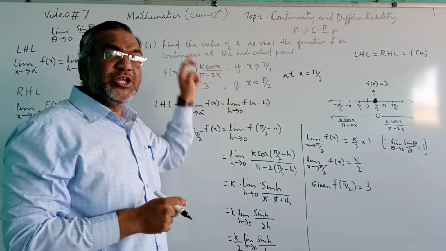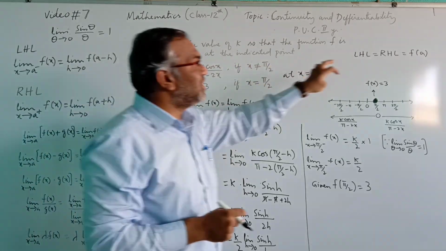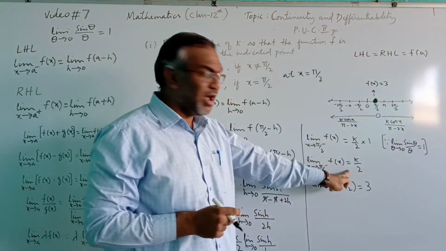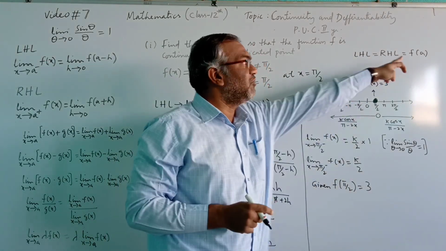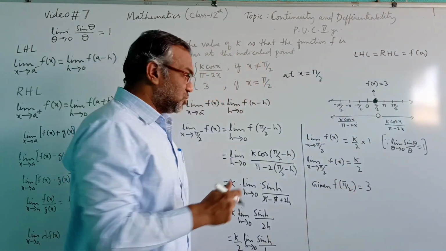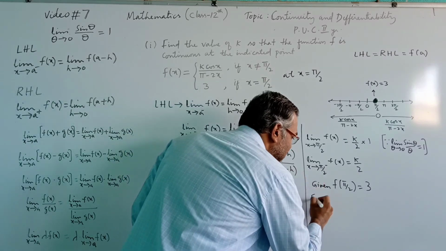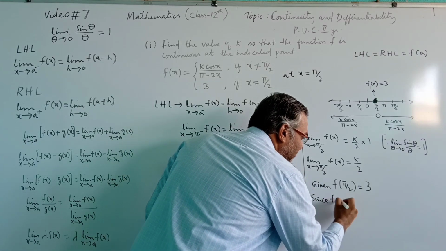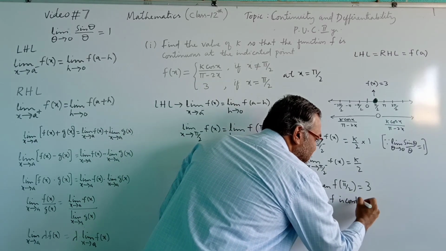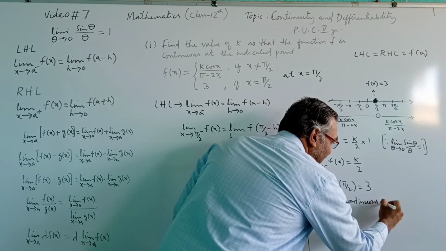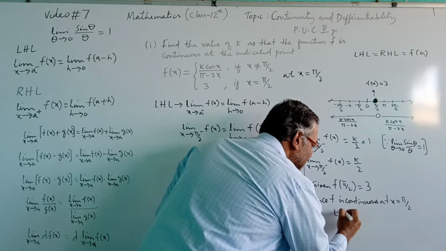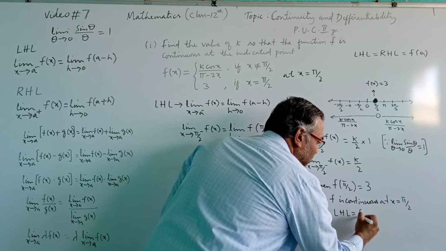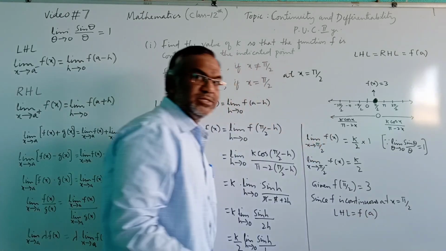If it is continuous, then definitely the left hand limit, which we already found, must be equal to f of a, that is f of pi by 2. So since f is continuous at x is equal to pi by 2, therefore LHL must be equal to f of the given point.